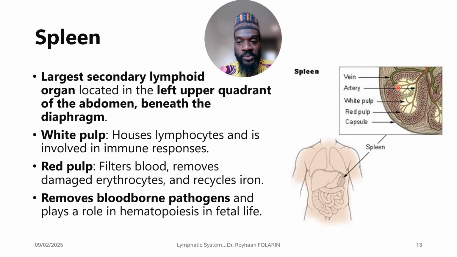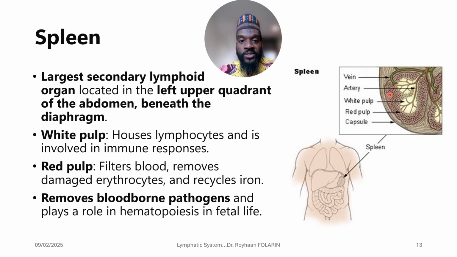Then you have the spleen having the white pulp. That's the first part, and this is the part that contains lymphocytes and participates in the immune responses. But then it also has this encircling red pulp, and the red pulp is responsible for filtering blood and breaking down old red blood cells and recycling iron. So it's very important.